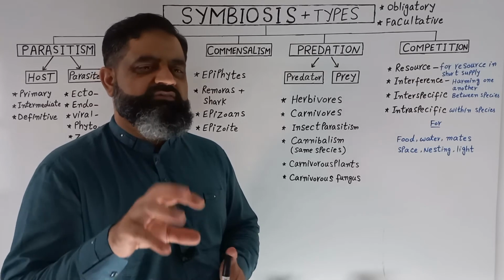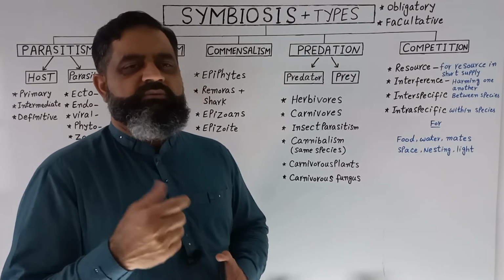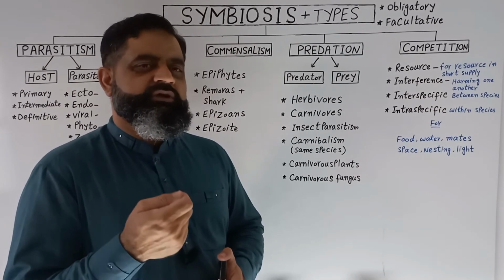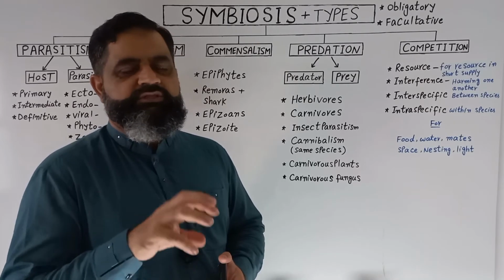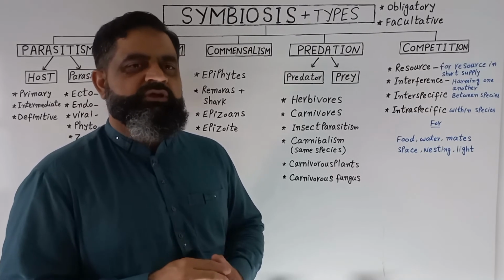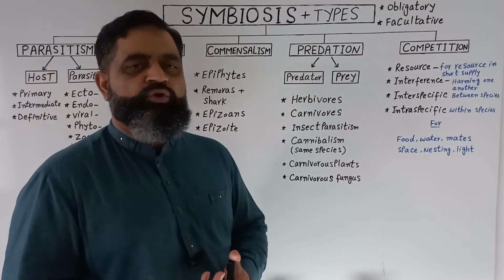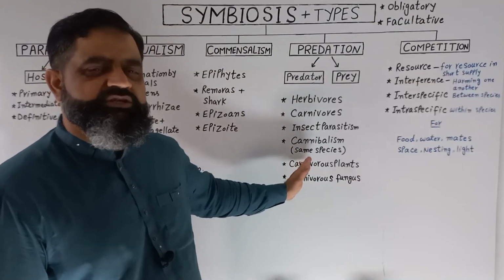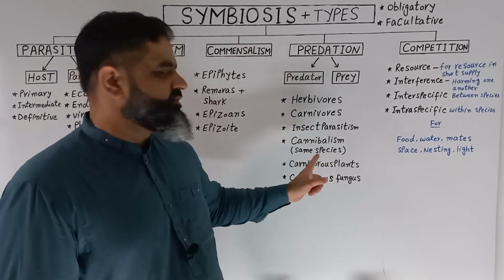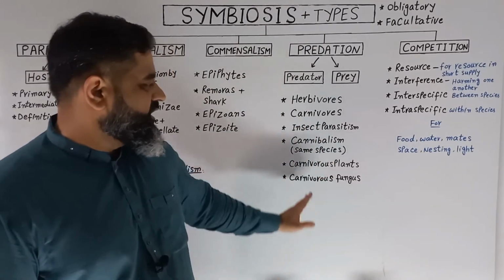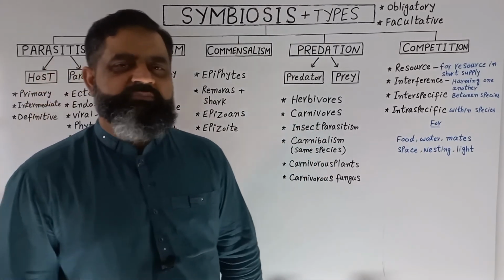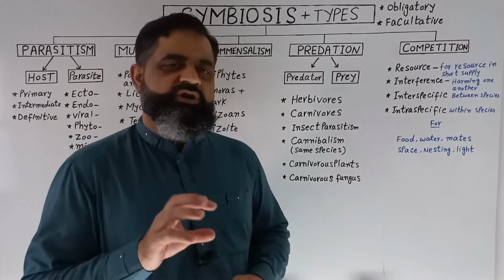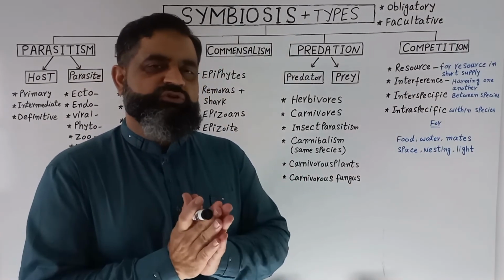Sometimes maybe you have heard that the mother scorpion eats up her own babies, and the mother snake also eats up her own babies. So in this condition, if the same species eats up the same species, this is known as cannibalism. In the same way, carnivorous plants like pitcher plant, Venus flytrap, and sundew are insectivorous plants.